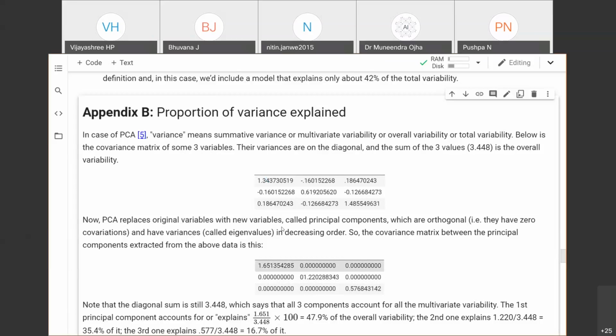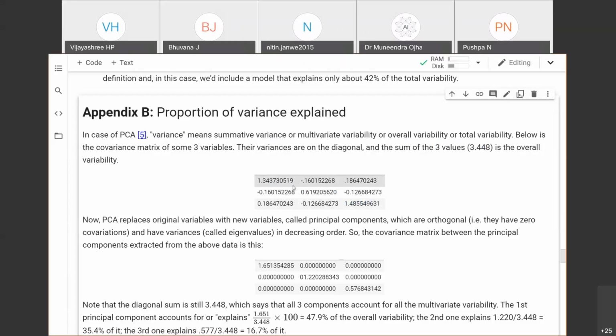Now the interesting thing is, in the original data matrix, the covariance matrix has an overall variability of 3.448, and that is obtained by adding 1.34, 0.619, and 1.4855.